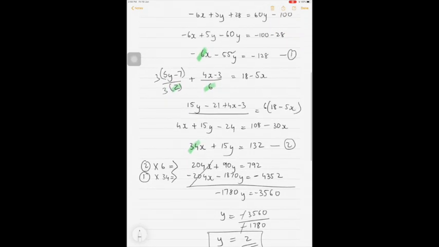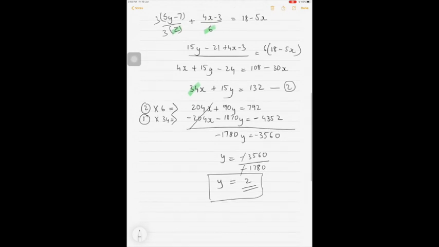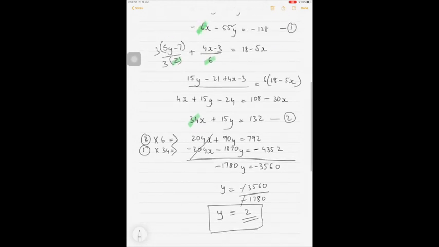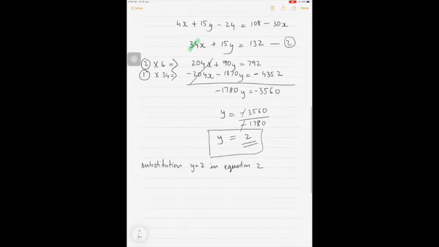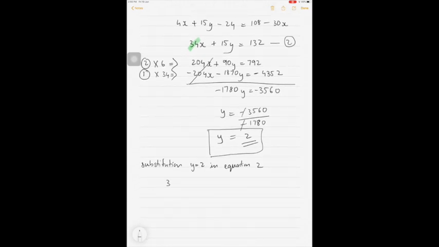Now let's substitute this in any of the equations. I'll substitute this in equation 2. Substituting y is equal to 2 in equation 2.